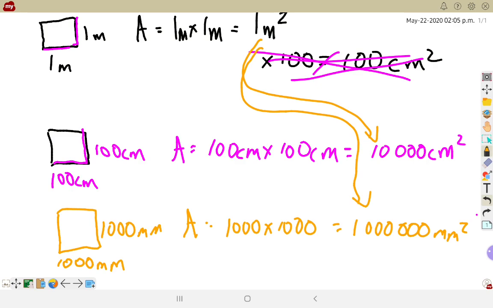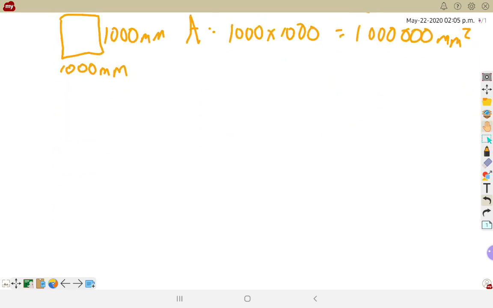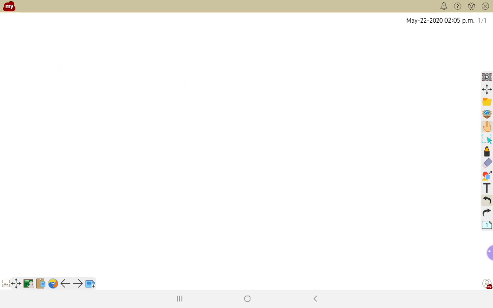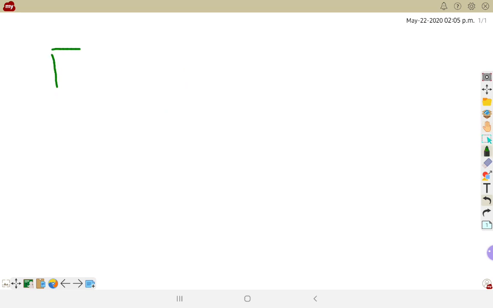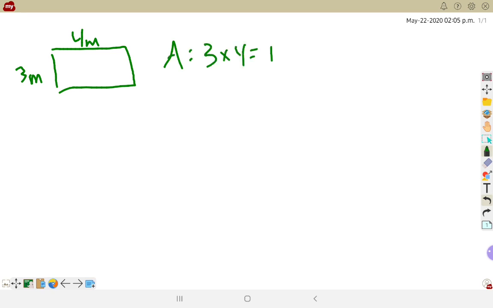Okay, so if we have something like this, here we go, we'll draw it in green. So let's say I have a rectangle where we've got 3 meters by 4 meters. And that area then would be 3 times 4, and that gives me 12 meters squared. And I might want to write in my units as I'm going through, right? So 3 meters times 4 meters is 12 meters squared. Okay?